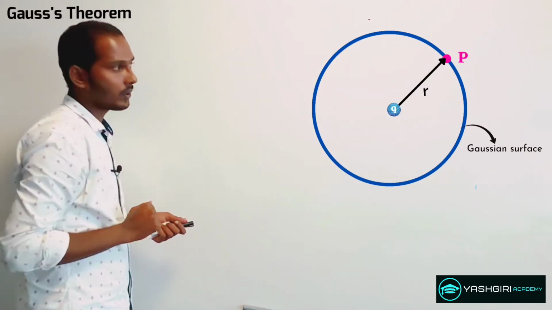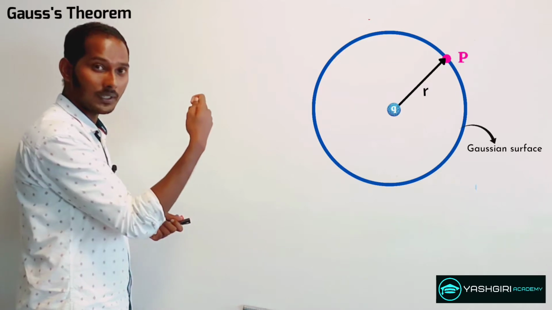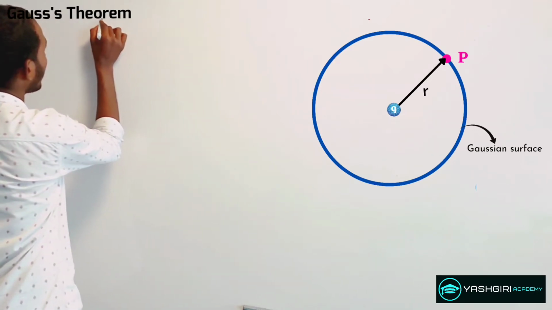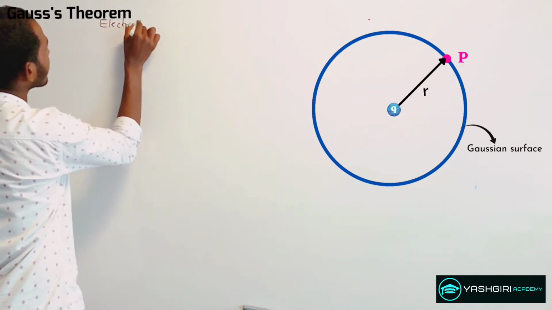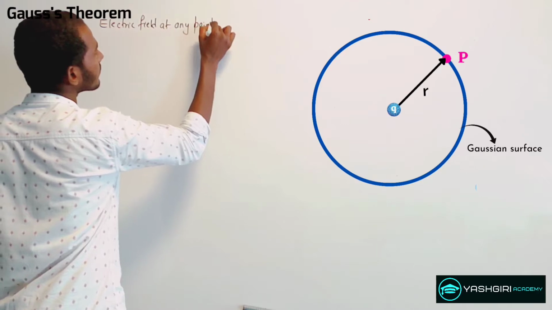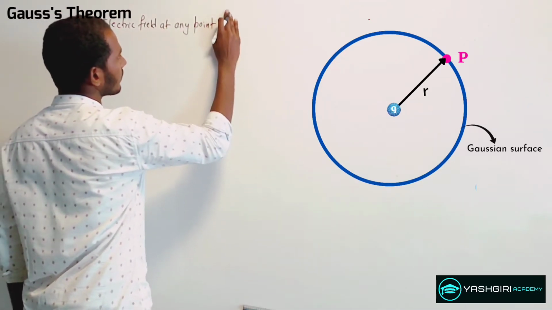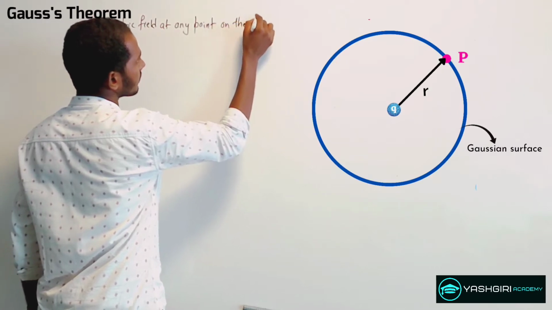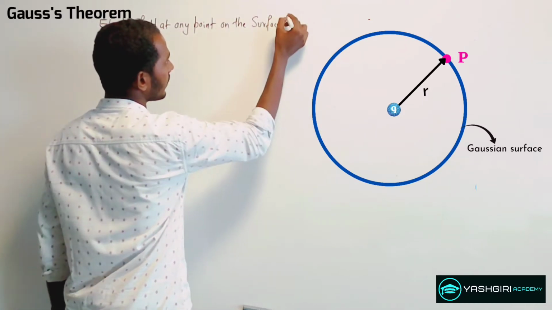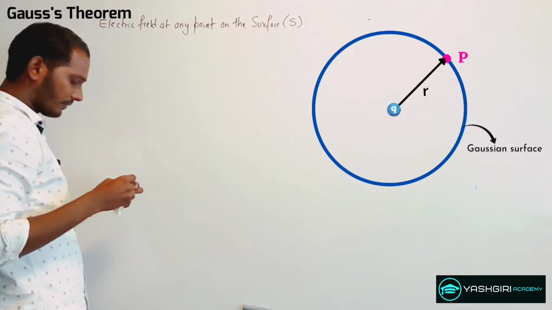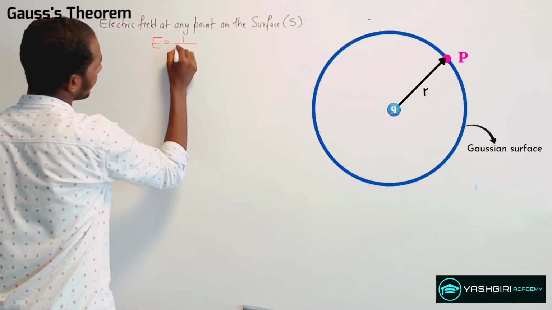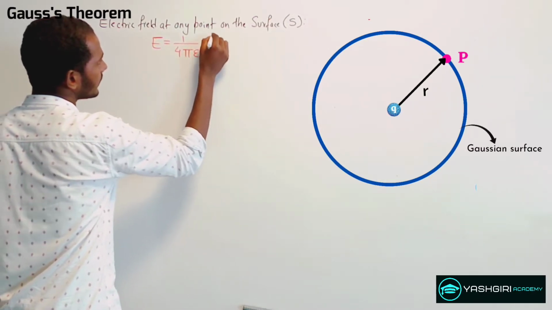So the expression for the electric field at any point at distance r from the point charge: the electric field at any point on the surface S, where S is the total surface of this sphere, is E equal to 1 upon 4 pi epsilon naught into Q upon r square.